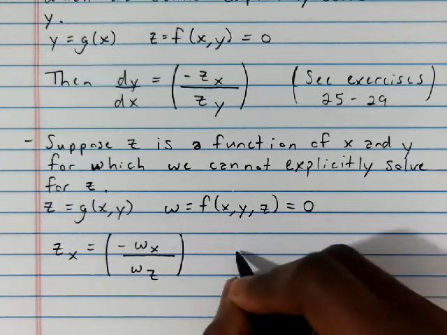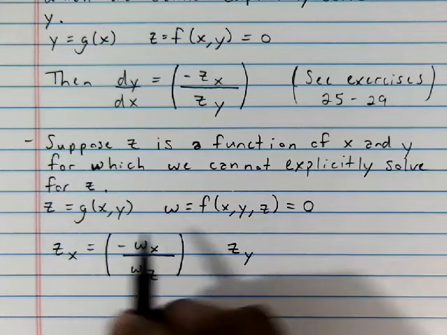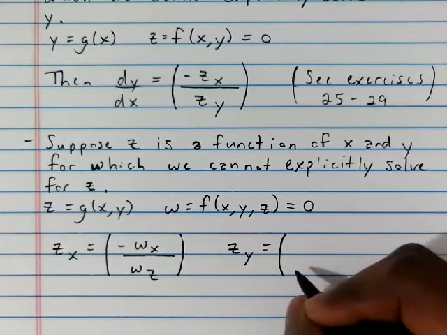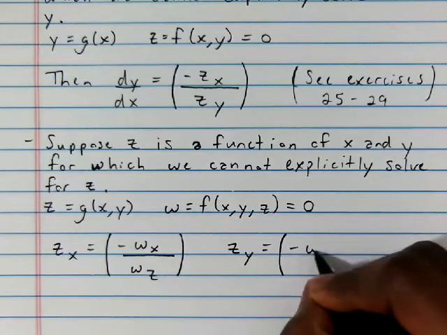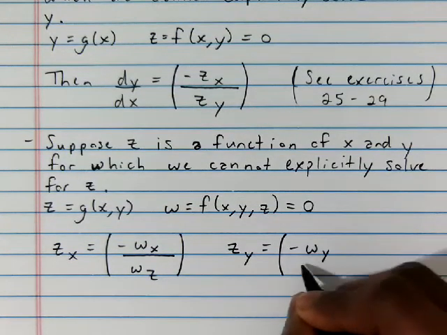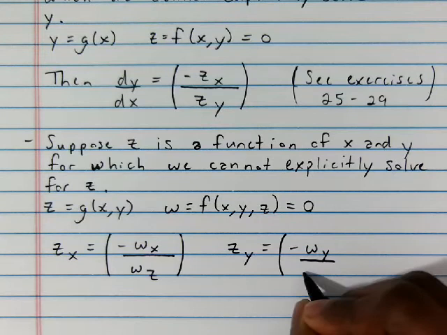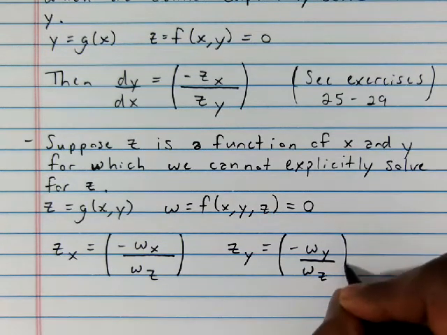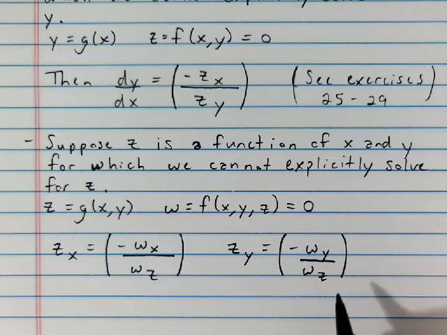And z sub y is going to be equal to the negative of the partial of w with respect to y divided by the partial of w with respect to z.